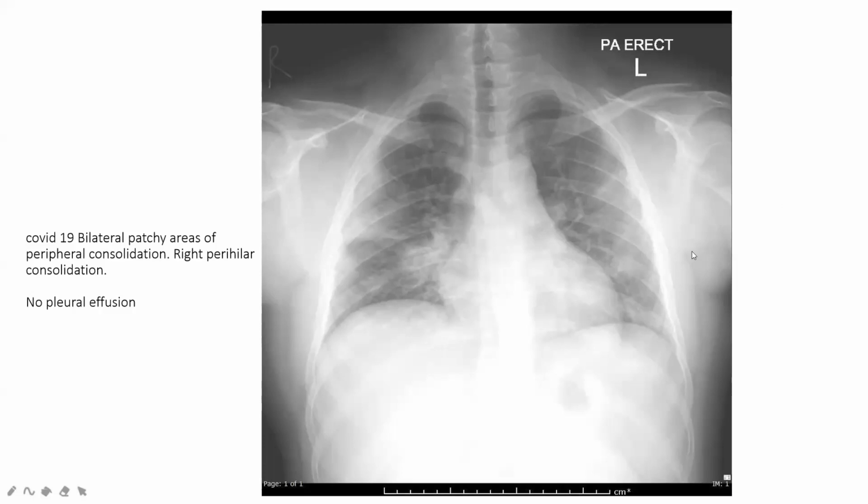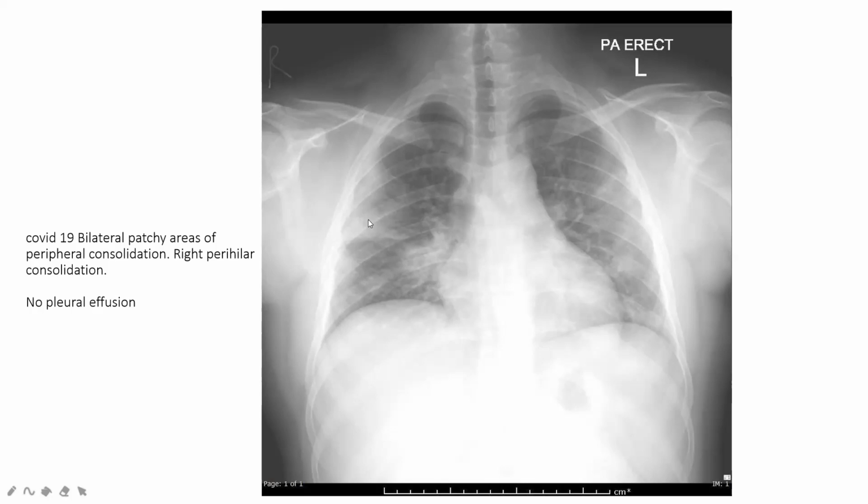The thing that is quite specific for COVID on chest X-ray is something we call ground glass opacities, especially in the peripheral zones and usually affecting the lower lobes. Ground glass opacities are areas of high density, as you can see here on the left side and the right side, which are not as opaque as consolidation.